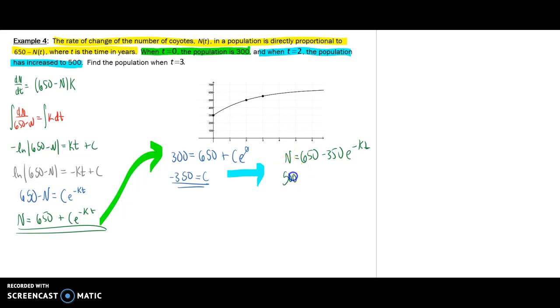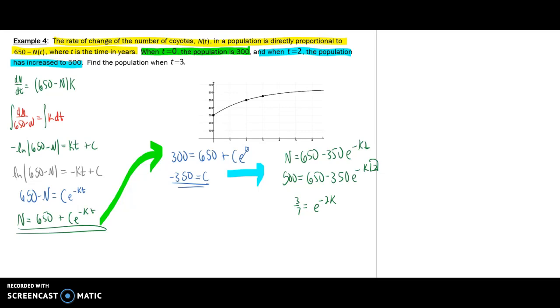So 500 goes in for n, and e to the negative k times t equals 2. Subtract 650, divide by negative 350, and get 3/7 equals e to the negative 2k. That's just simplifying it a little bit.